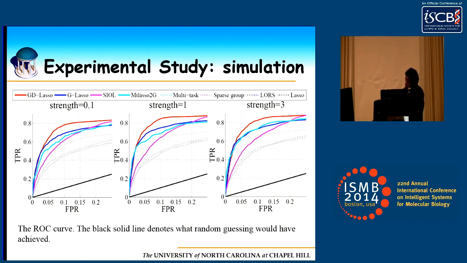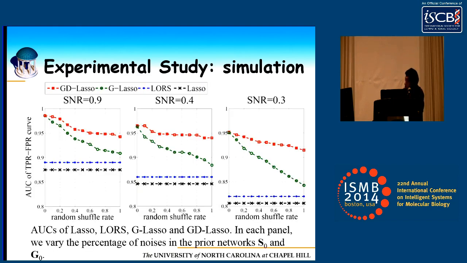We further study the robustness of the proposed model. Here we have two different kinds of noise. The first noise is used in generating the gene expression data, and we use SNR, which stands for the signal noise ratio, to denote how much noise exists.